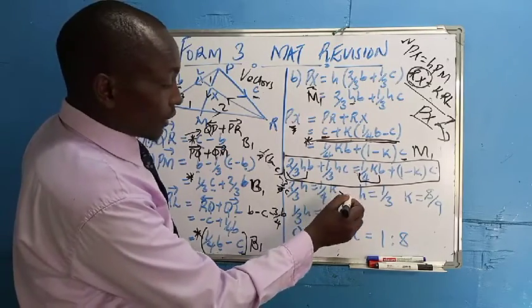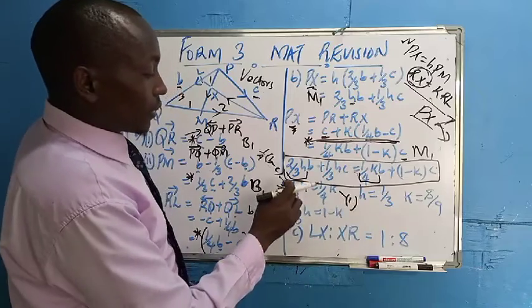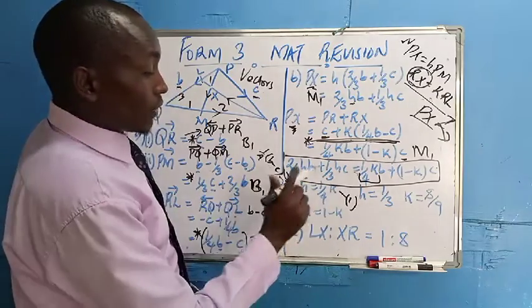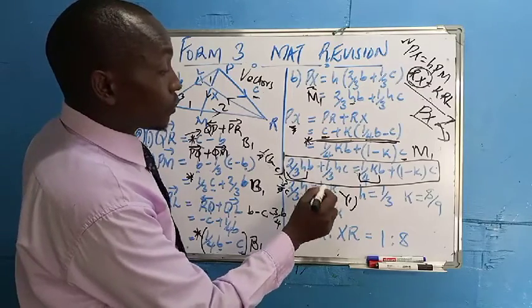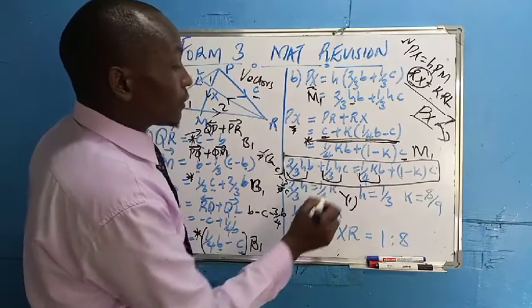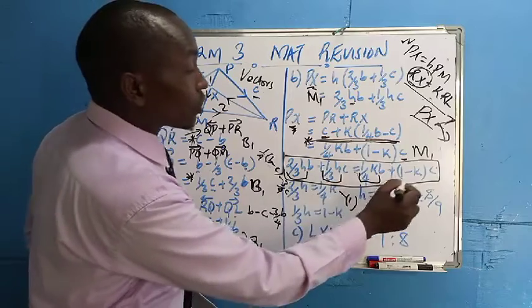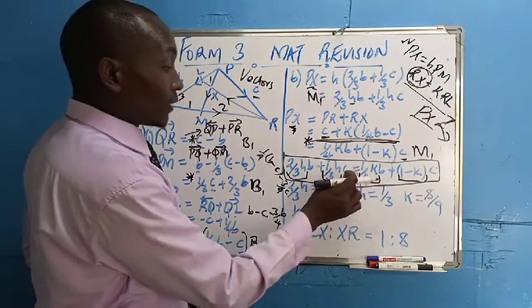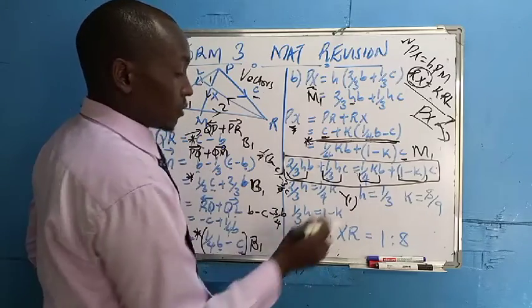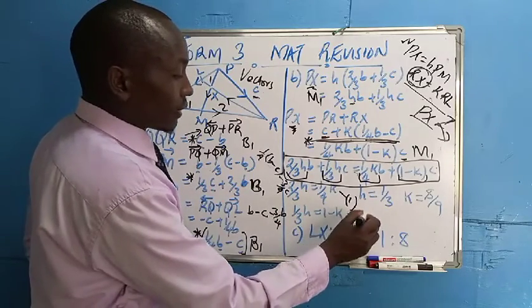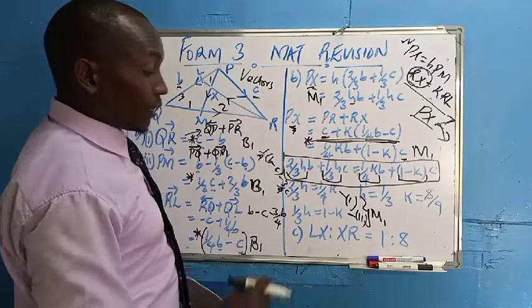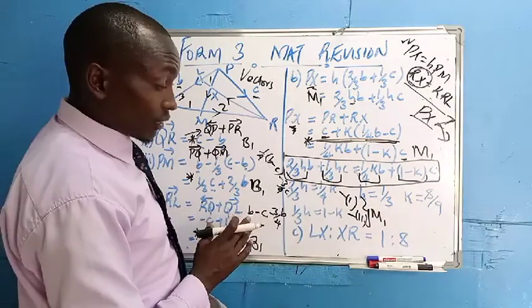That is my first equation, that 2 over 3 h is a quarter k. Then I go ahead to do the same for the other one. That is a third h is equal to 1 minus k. Why that? Because these are the parts with the C, and that's how I get the second equation. By doing that, my students, you get 1 mark for forming the 2 simultaneous equations.